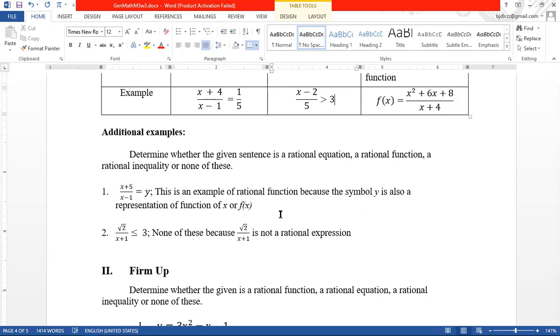Okay. So next, square root of 2 over x plus 1 is less than or equal to 3. So none of this siya because square root of 2 over x plus 1 is not a rational expression. So naman siya radical sign, so it is not a rational expression.